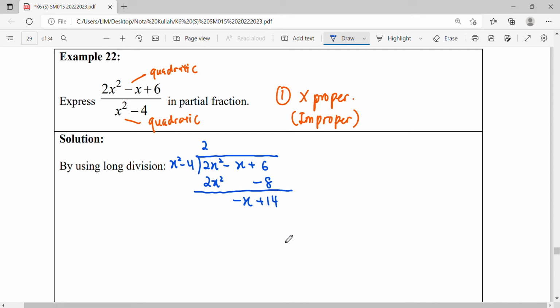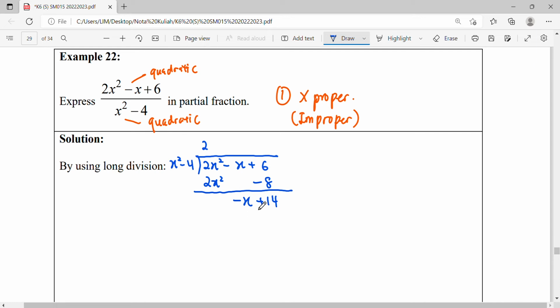So do we need to continue our division? You can notice that this is linear and this is quadratic. Linear can't be divided anymore by quadratic, so linear is smaller than quadratic. This means that this linear will be our remainder.